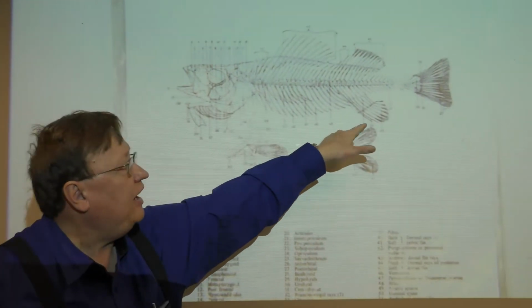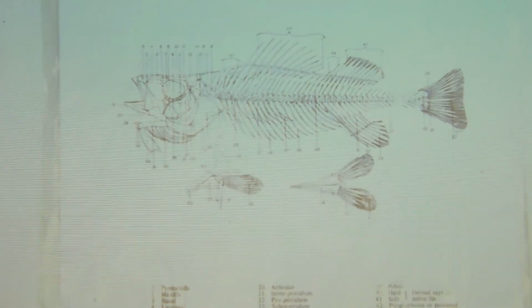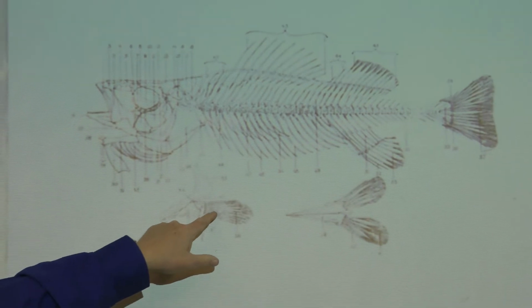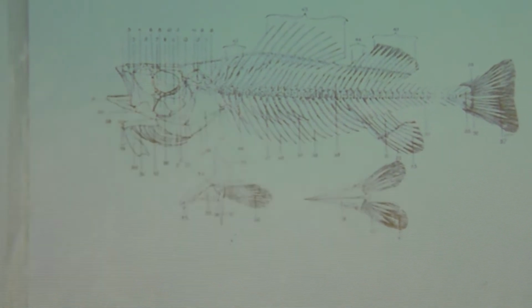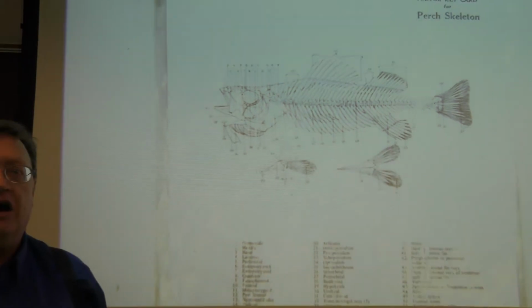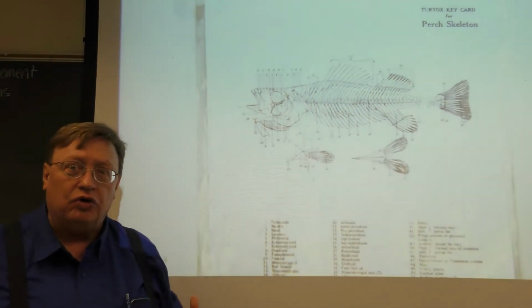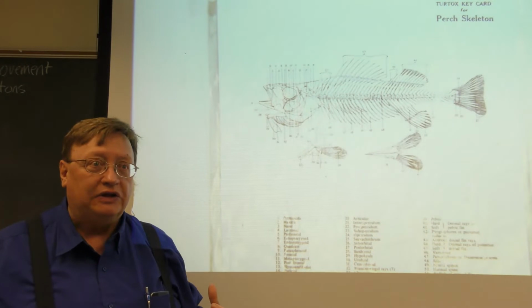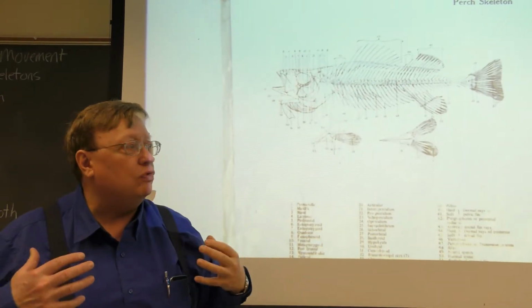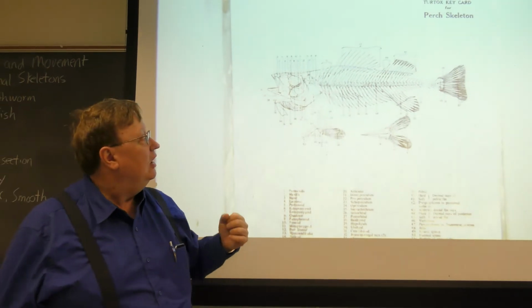There's usually an anal fin that again is just an extension of the ribs. Additionally, there are a pair of pectoral fins, which make up the equivalent of the pectoral girdle that we're going to see in the other vertebrates. The pectoral girdle is the bones associated with the shoulders and the arms.